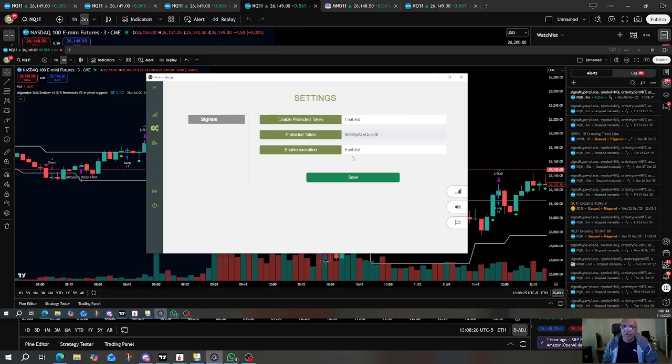I come in here, go to enable, and disable it, and then I push save. Once it is saved in the disabled position, it's not going to let any signals go into your Interactive Brokers account. The signal is going to come in here, but it's not going to go into your Interactive Brokers account.